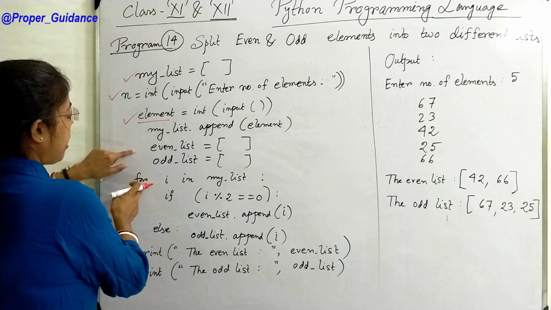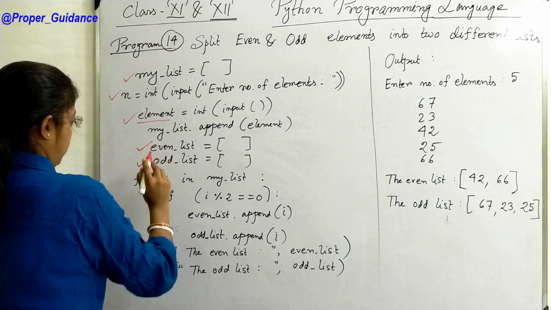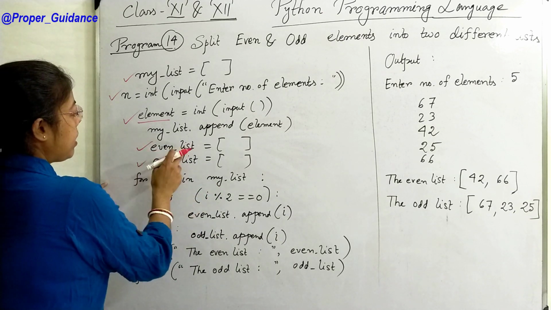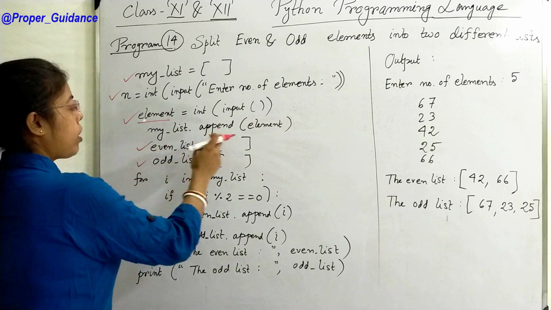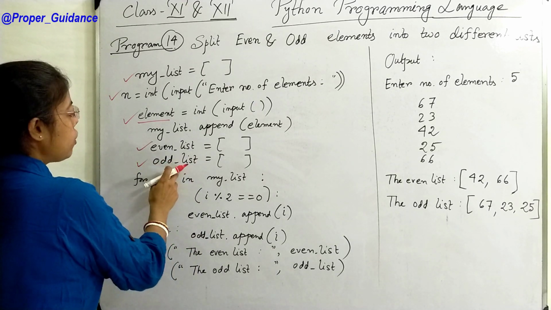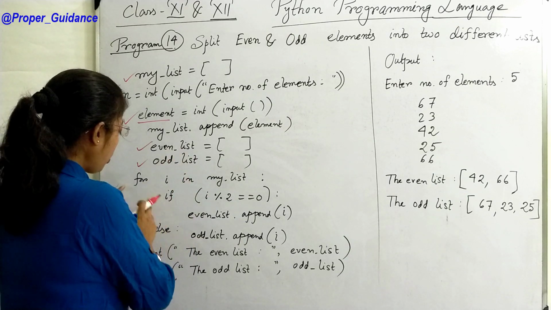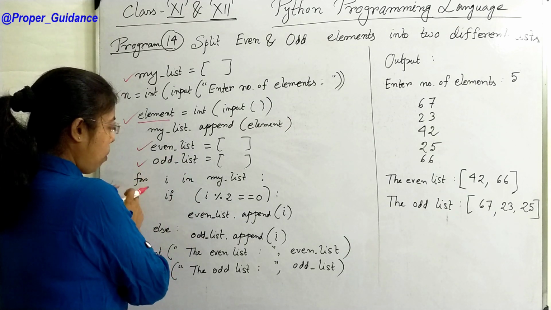After that, we will take two lists, a different list for even and odd. The even list, as the name implies, is for even numbers, and the odd list for odd numbers. After that, we use a for loop. A for loop for what?